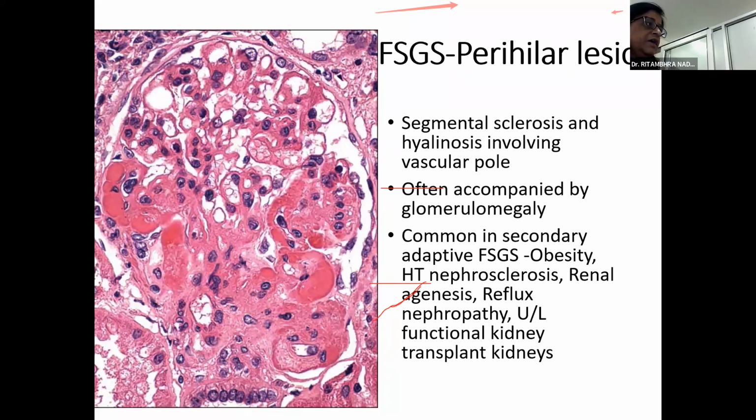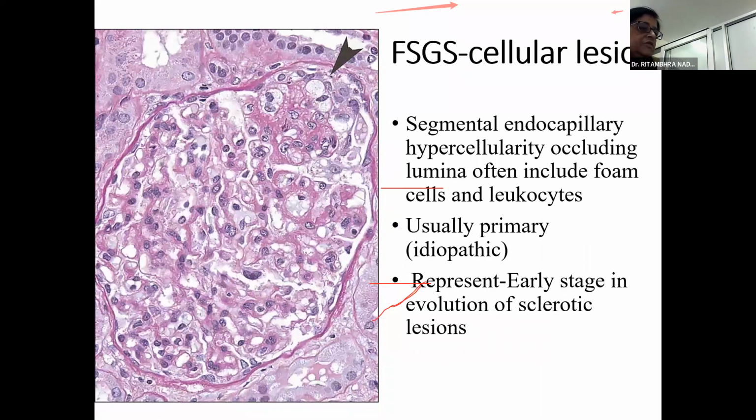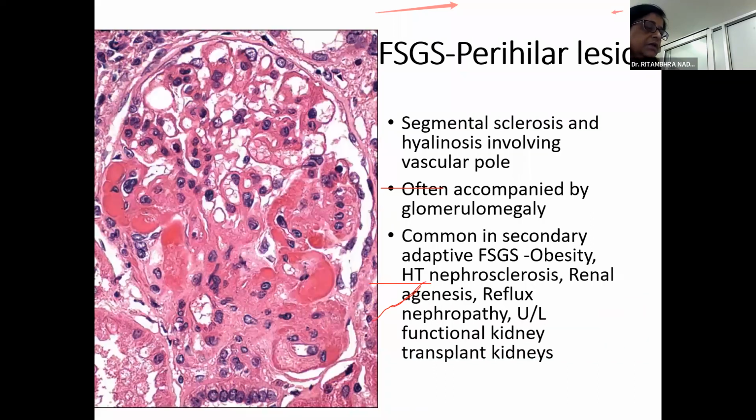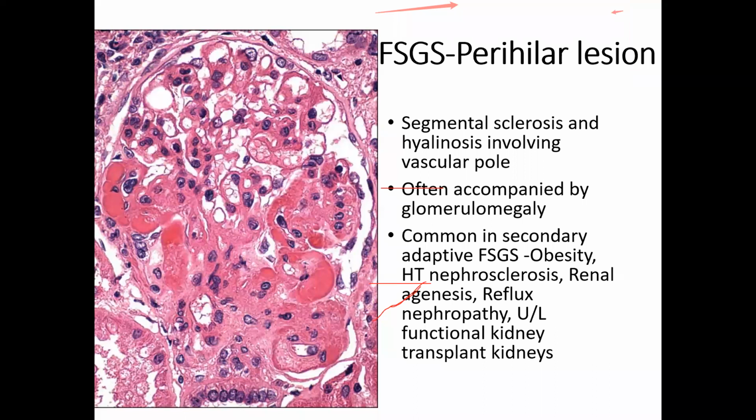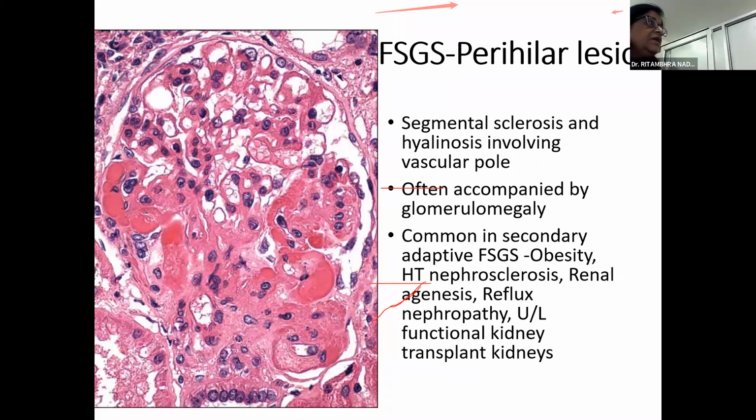In a patient who has nephrotic syndrome with negative IF, that is when we consider a diagnosis of podocytopathies, which include minimal change disease and FSGS. And since FSGS is focal and segmental, meaning less than 50% of the glomeruli are involved, the first cut may not show us any morphological evidence of injury.